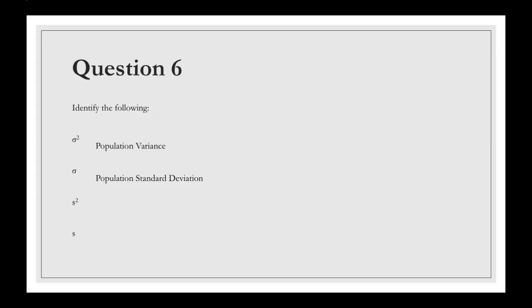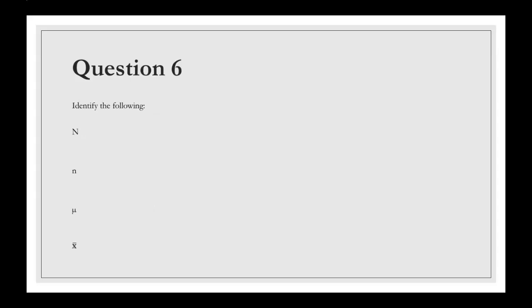Now, S squared, that's your sample variance. And S, that's what we found back in question number 2, that's your sample standard deviation. So if you have population data, you will be working with sigma squared and sigma. If you just have sample data, you will be working with S squared and S. So knowing what all of these mean will be really, really helpful when looking at that formula sheet.